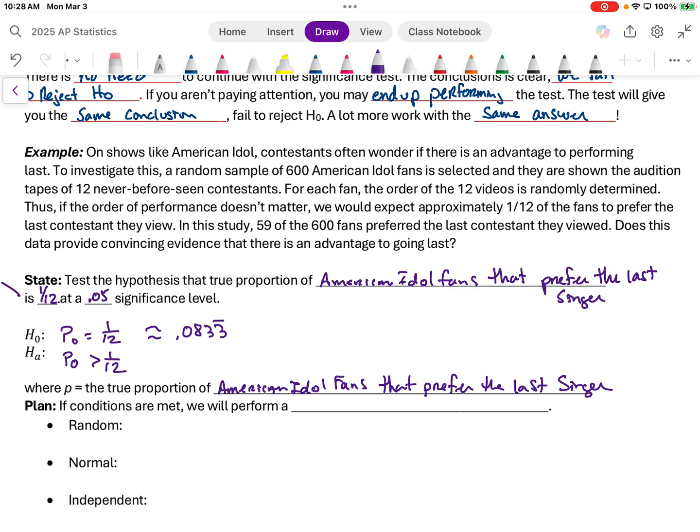If the conditions are met, we will perform a one sample z-test for proportions.